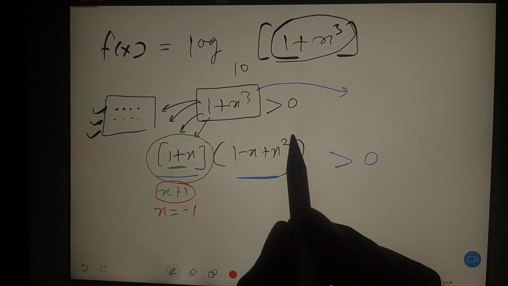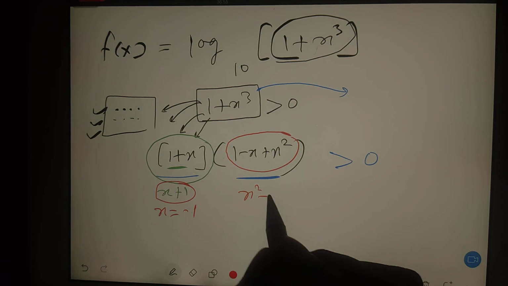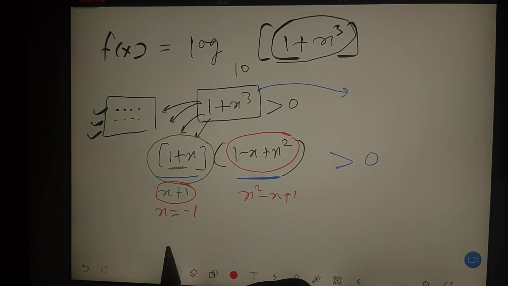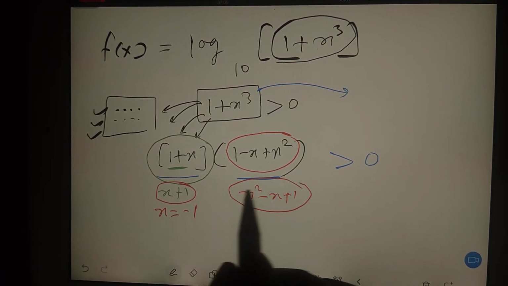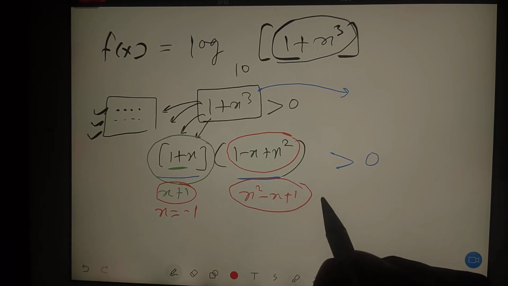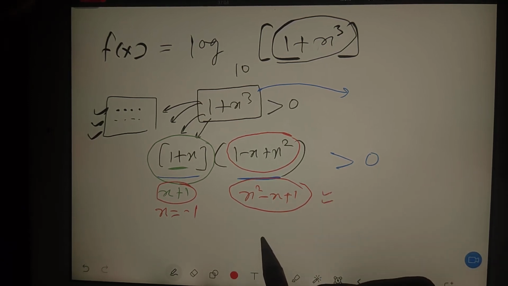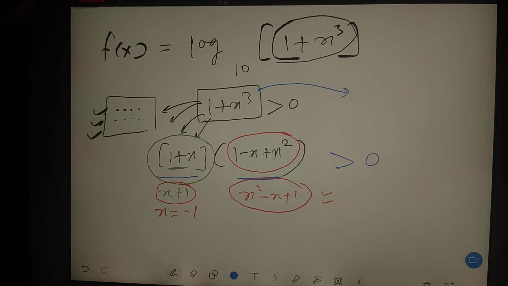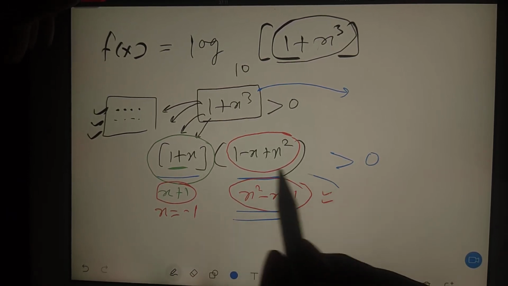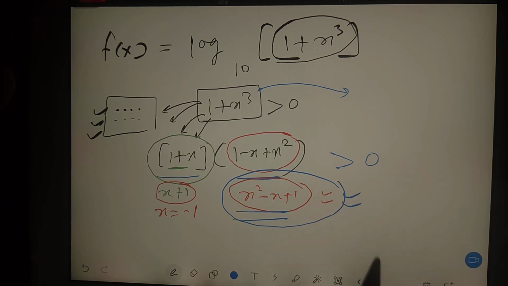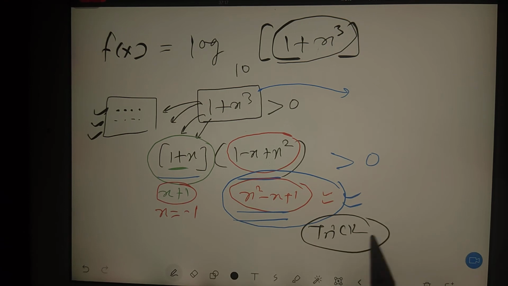Okay. And this I can write as x square minus x plus 1. So this will give me, in this, how will you think? See, x square minus 1 plus x. This will be positive always, no doubt, for any value of x. This is the trick. But how do you know this is the trick?